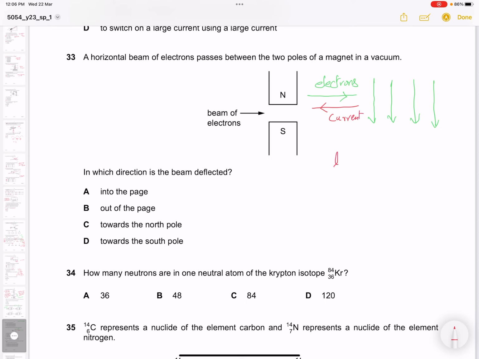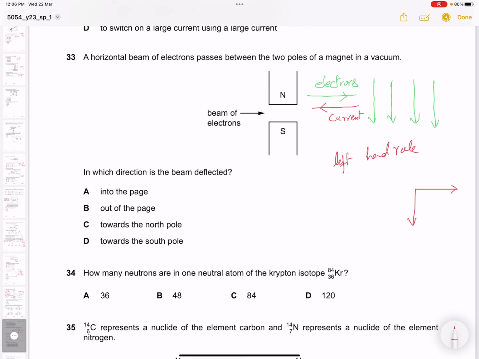Now use Fleming's left hand rule, this one of 3 fingers. So if I make an orientation like this, downward is the field, this is the direction of current.